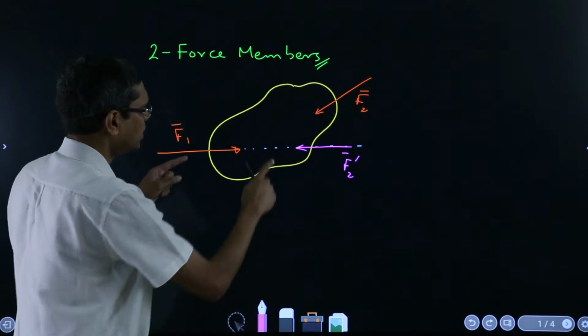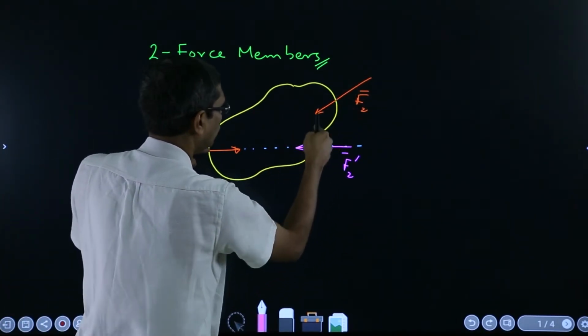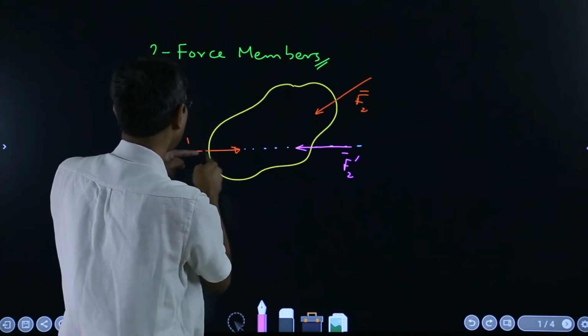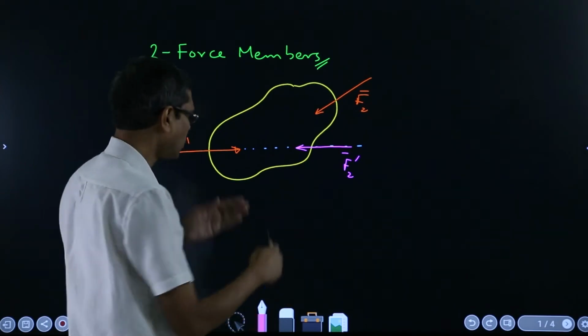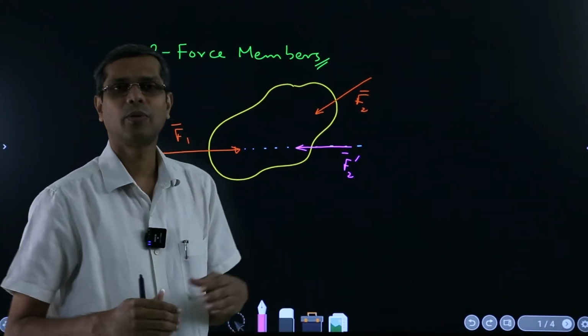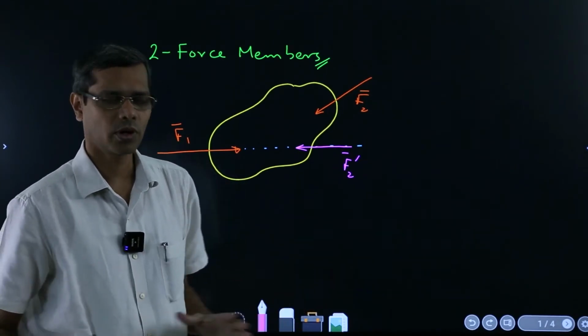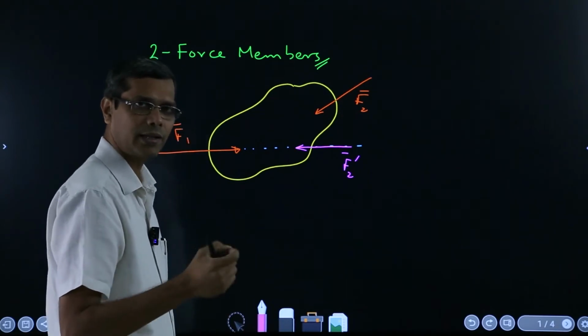Otherwise, at most this force will have a component which will balance this, but there will be another component in the vertical direction, or perpendicular to this, which will not be balanced by this force, and the body will not be in equilibrium.